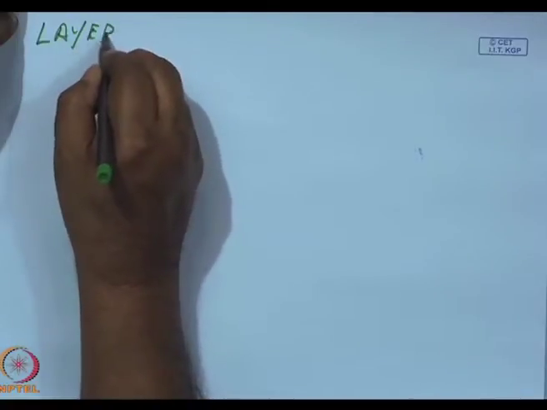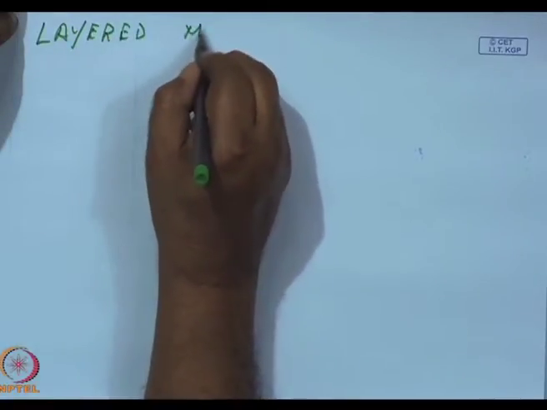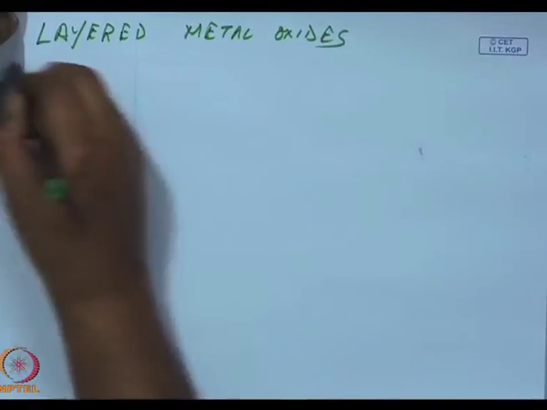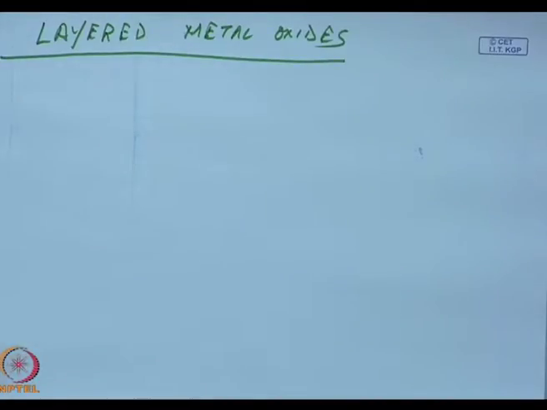In addition to layered double hydroxides, we have layered metal oxides also, where the basic idea is again using these oxide double layers, layered metal oxide layers, to work like layered double hydroxides.